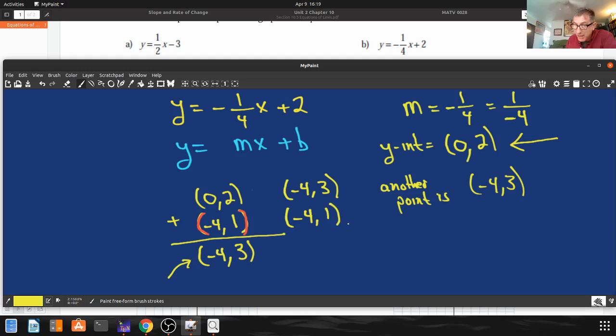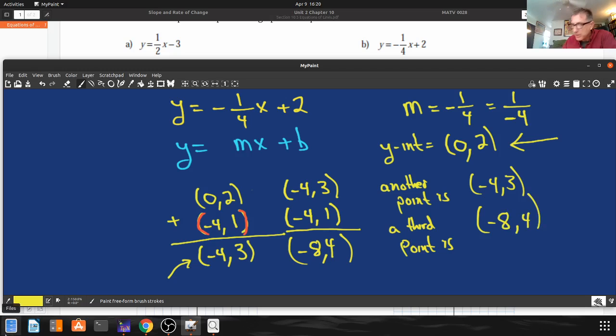But remember, the adder point isn't necessarily a point on the line, and I add again. So minus 4 plus minus 4 is minus 8. 3 plus 1 is 4. So yet another point, a third point, I now have 3 points, is minus 8 and 4.